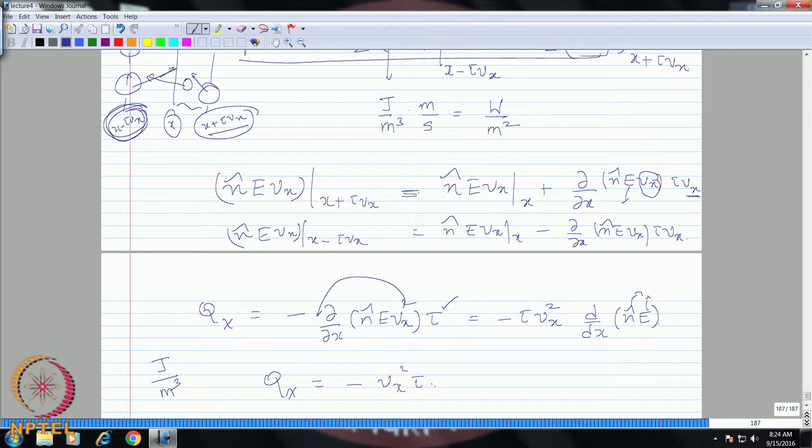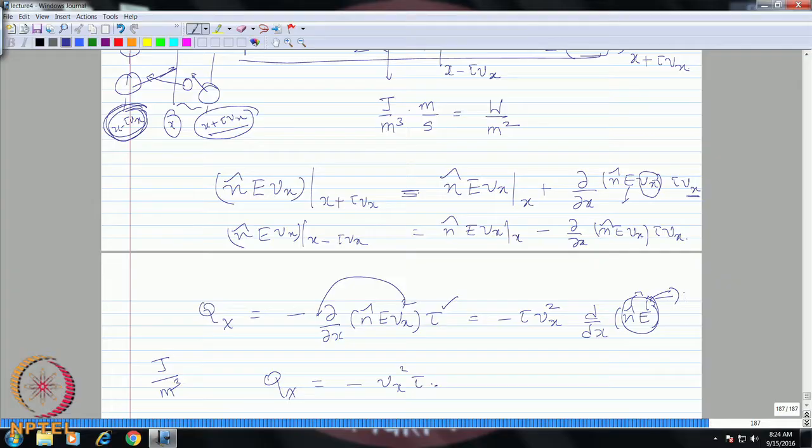So, joule per meter cube is what? Volumetric energy. So, this is replaced by U. Therefore, this can be written as du by dx, which can be rewritten as du by dt times dt by dx.